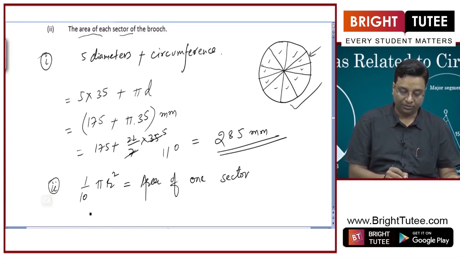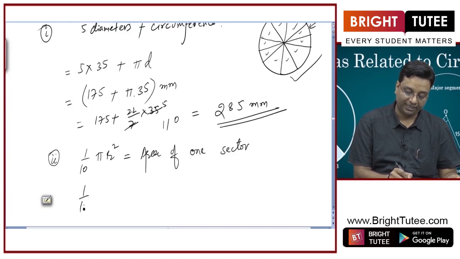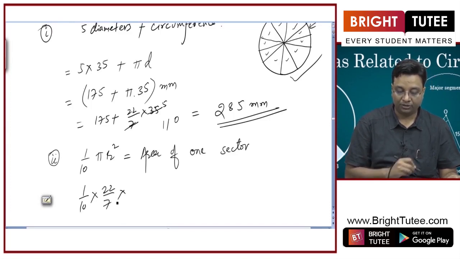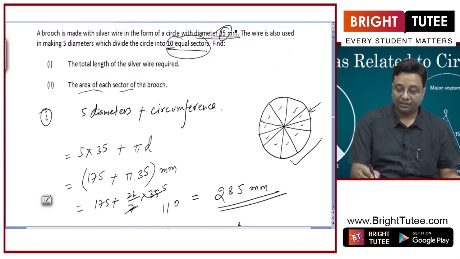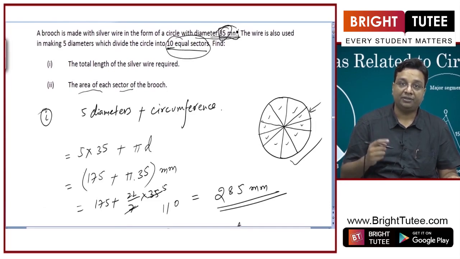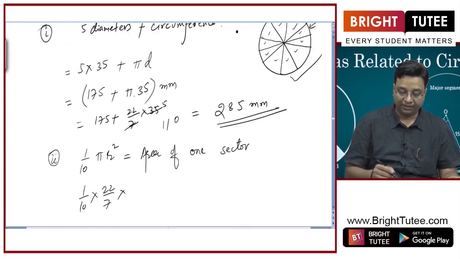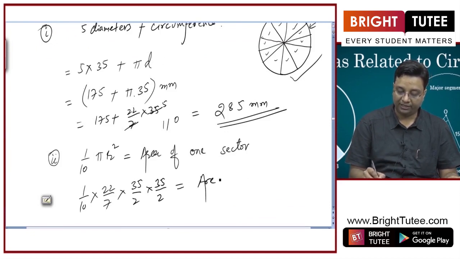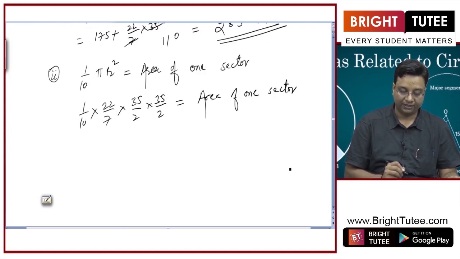So 1 by 10 into 22 by 7 into R squared. The diameter is 35 mm, so what will be the radius? Radius will be half of the diameter. So 35 by 2 into 35 by 2 is my answer for the area of one sector.